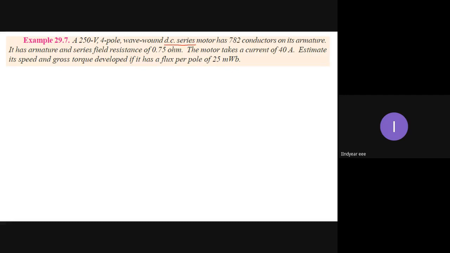It is the same example as that of the previous one, but for a series motor. Again, we have to find out EB. Speed is not necessary. The speed is not asked. Here we have to find out only the gross torque.